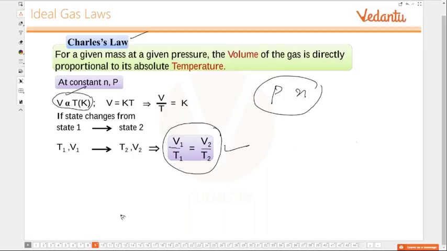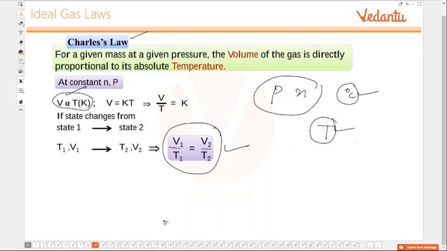The temperature is in Kelvin here, always. We keep temperature in Kelvin only. We use degree centigrade only to measure the temperature, and later on we convert this into Kelvin. None of the calculations are done using degree centigrade. Remember that. You have to convert it into Kelvin.